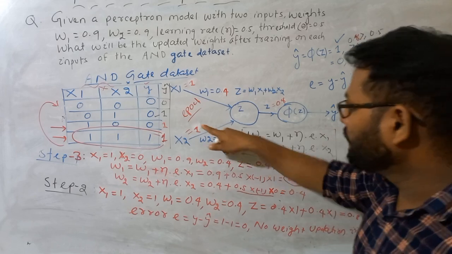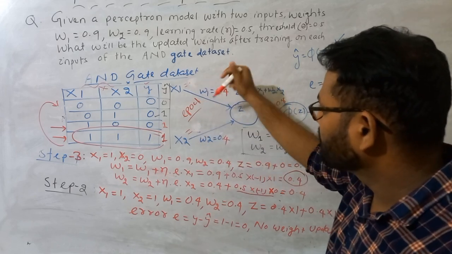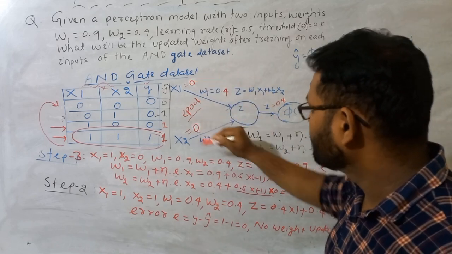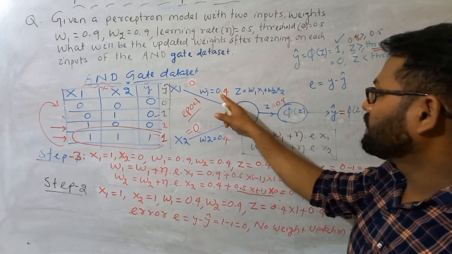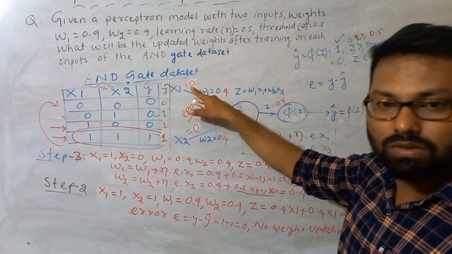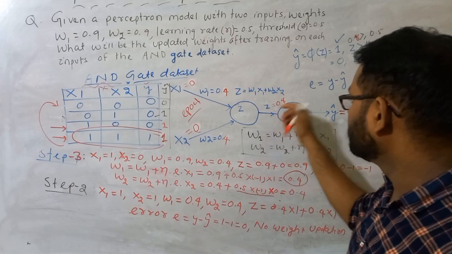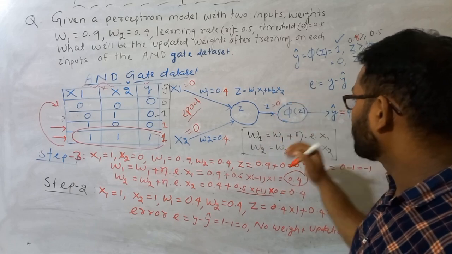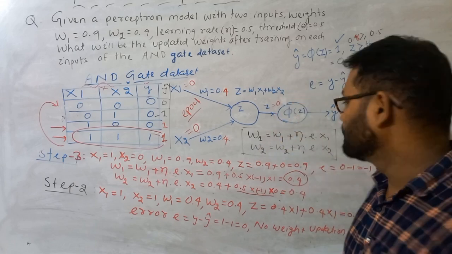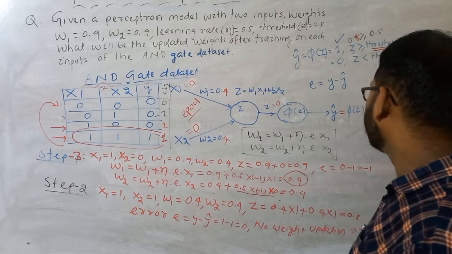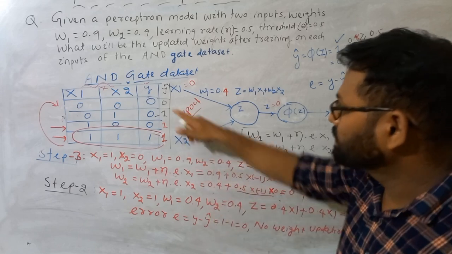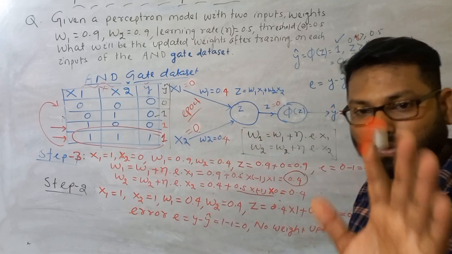So now provide 0, 0. If you multiply 0.4 into 0 plus 0.4 into 0, that is 0, which is less than 0.5, so your output is going to be 0. Both real and predicted outputs are the same.